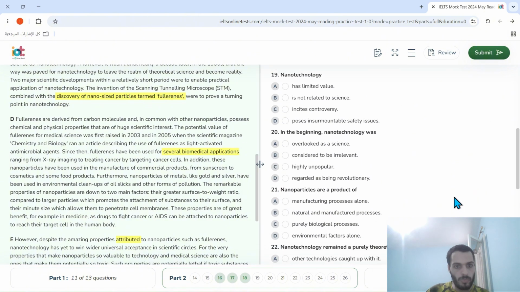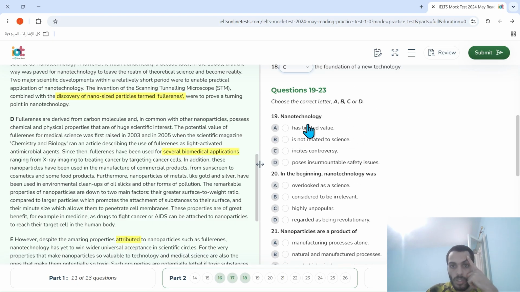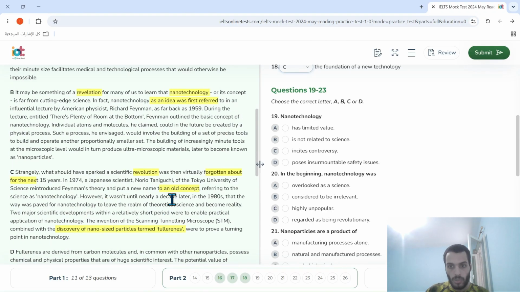Okay, so nanotechnology has limited value. In the beginning, nanotechnology was highly regarded as being revolutionary. Nanotechnology. Science as nanotechnology.